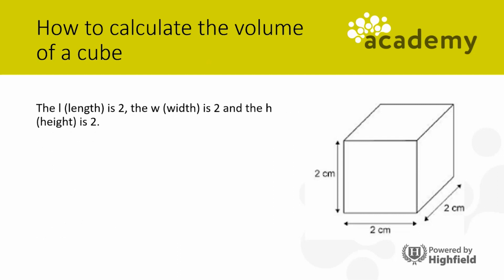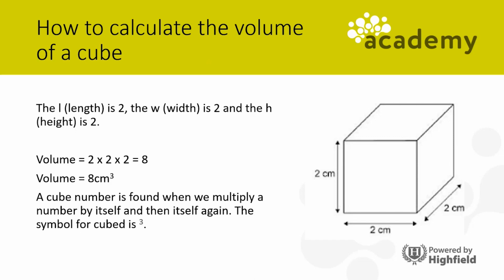Well, the L, or the length, is 2 in the case of the picture on the right-hand side. The W, which is the width, is 2, and the H, which is the height, is 2. So the volume is 2 times 2 times 2, which is 8. So the volume is 8 centimeters cubed.